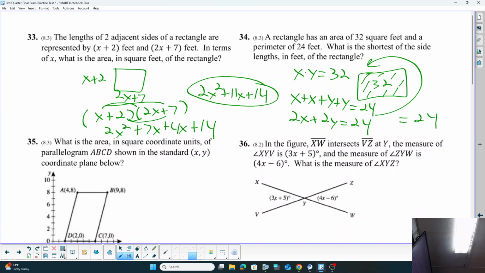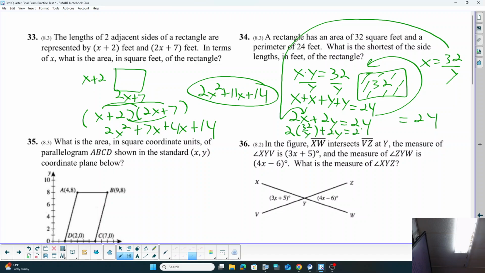Why don't we just go ahead and solve for x by dividing by y to the other side. So x equals 32 over y. And then we're just going to plug that in for x right here. So that's 2 times 32 over y plus 2y is equal to 24. 2 times 32 is 64 over y plus 2y equals 24.